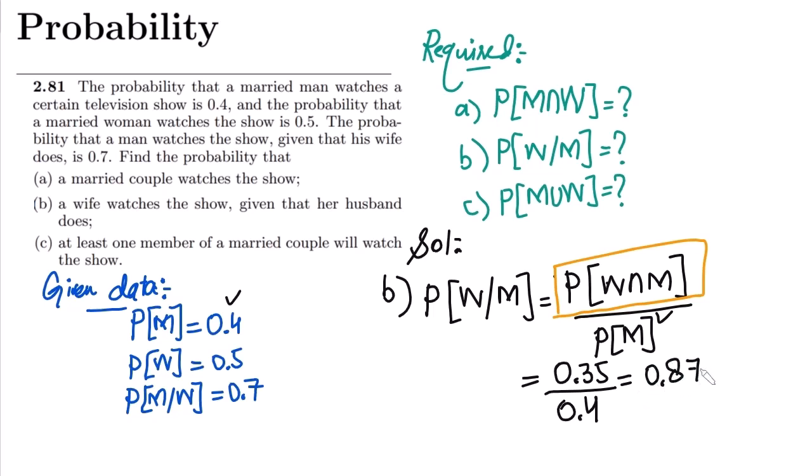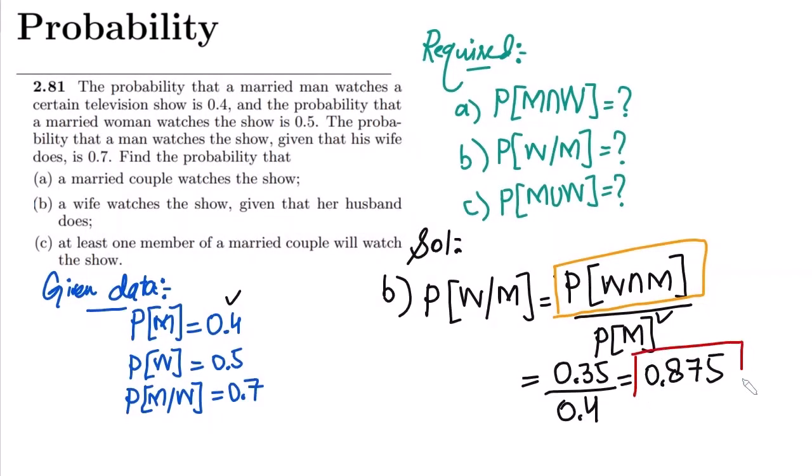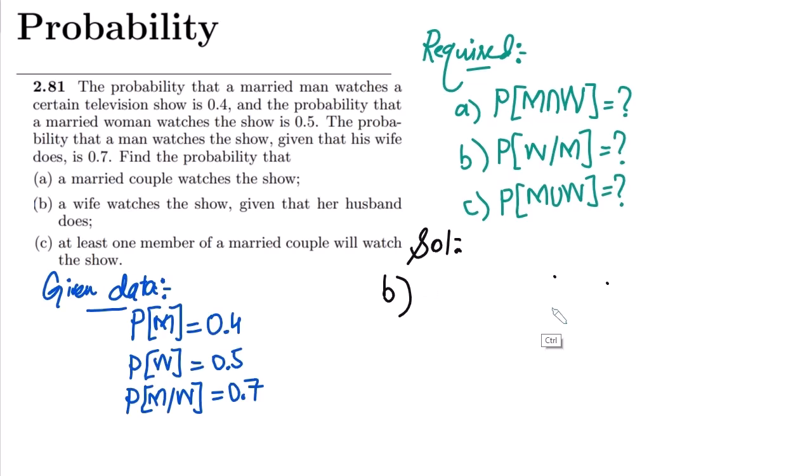This shows that there is a very high probability that a woman will watch a TV show if a man watches it too. That is 87.5%. That is the solution of part B.